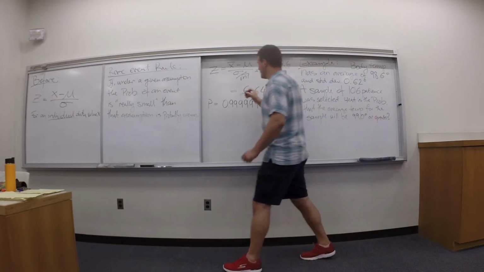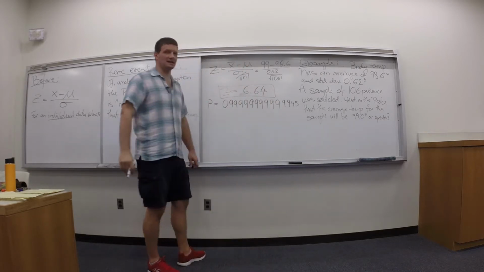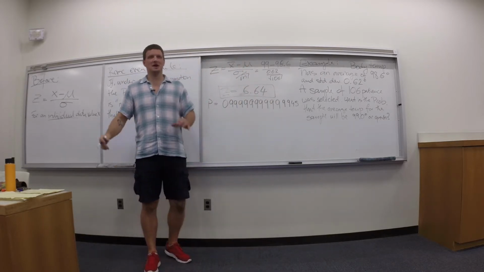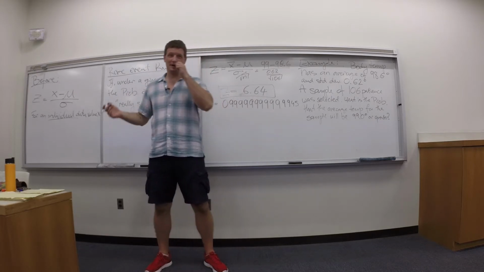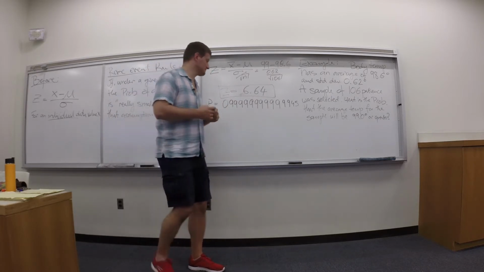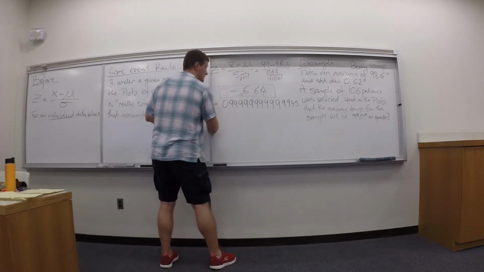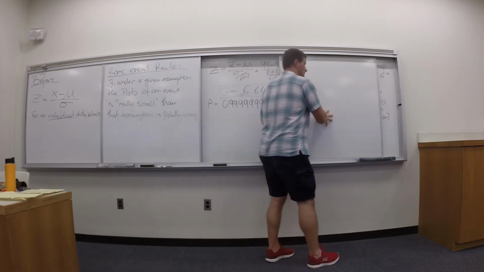When you get a z-score of positive 6 or negative 6, that's very close to 0 and very close to 100, right? So there's one way that I would like you to deal with questions like this.